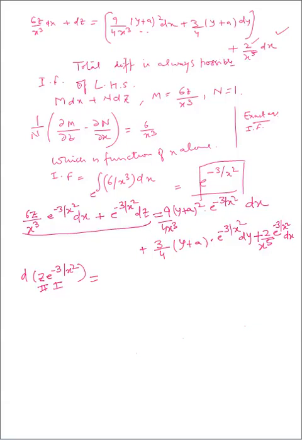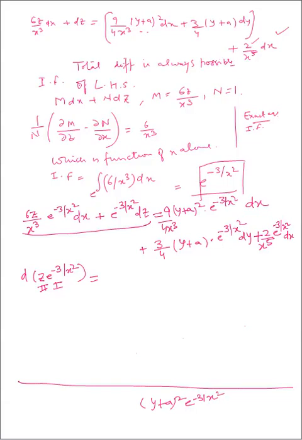So what we do, तो यहाँ पर हमारे पास y plus a square into e to the power minus 3 upon x square है. हम इसे differentiate करते हैं and according to that we write.